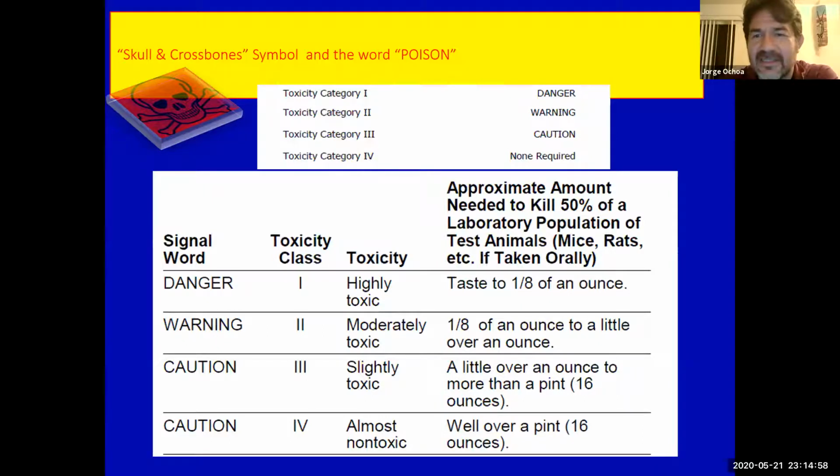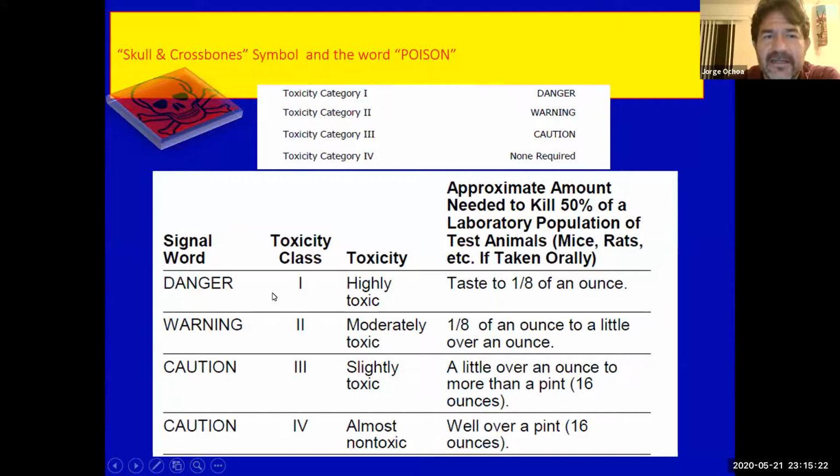So whatever product quantity kills half of that population in a lab, that's how it gets its rating. So category two, the warning, is 1/8 of an ounce to a little bit over an ounce, and then it keeps getting higher and higher and higher.